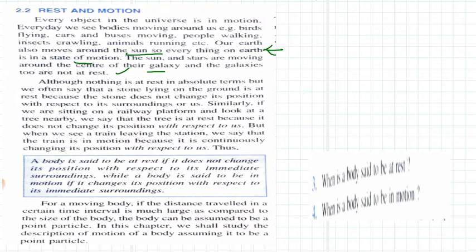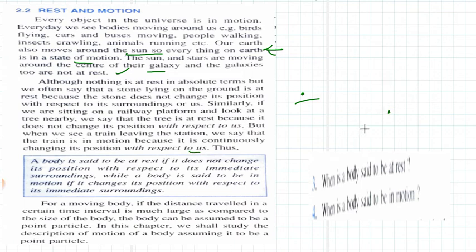Suppose a stone is lying by the side of a road. We will say that the stone is at rest with respect to us. We are moving, the stone is at rest. When we see a train leaving the station, we say that the train is in motion because it is continuously changing its position with respect to us.